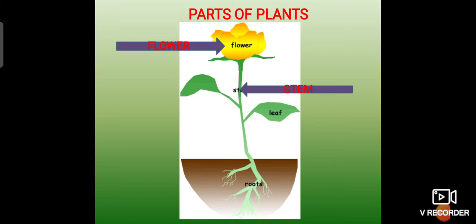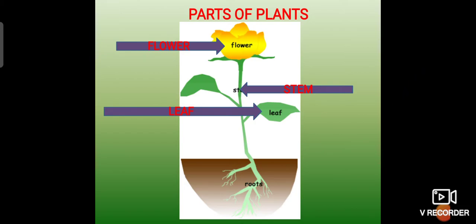This is what connects the upper part of the plant with the under part of the plant. Then the third part is the leaf. This is the most important part of the plant that has chlorophyll, the green thing that is really amazing. It can produce food for plants and also produce oxygen. So the leaf is the part of the plant that functions as a kitchen.